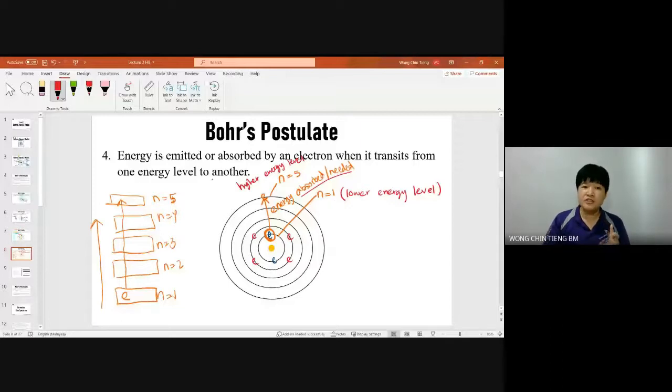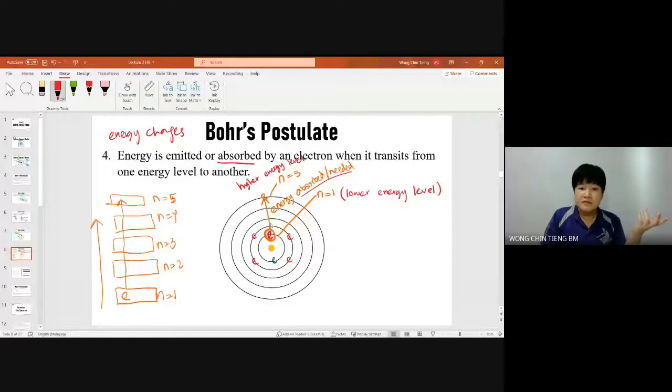Energy absorbed over here means the energy will change. There will be energy changes. Perubahan tenaga wujud, sebab kita setuju tadi setiap elektron pada setiap petala akan pegang satu energi. So kalau dia bergerak daripada tenaga yang berbeza, then akan ada perubahan.